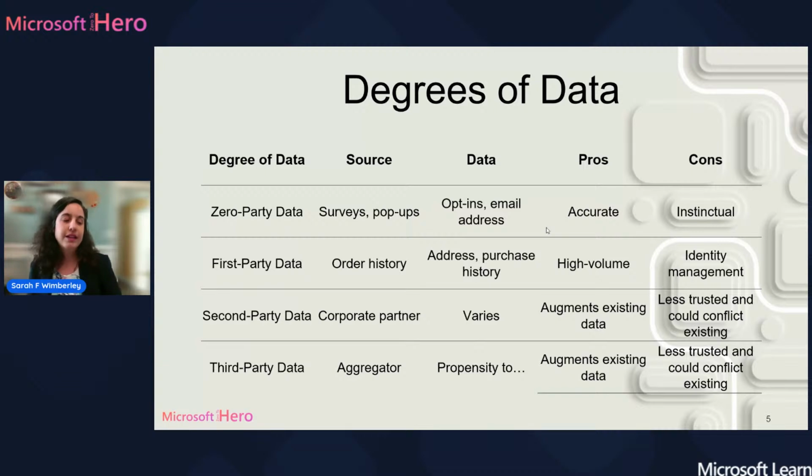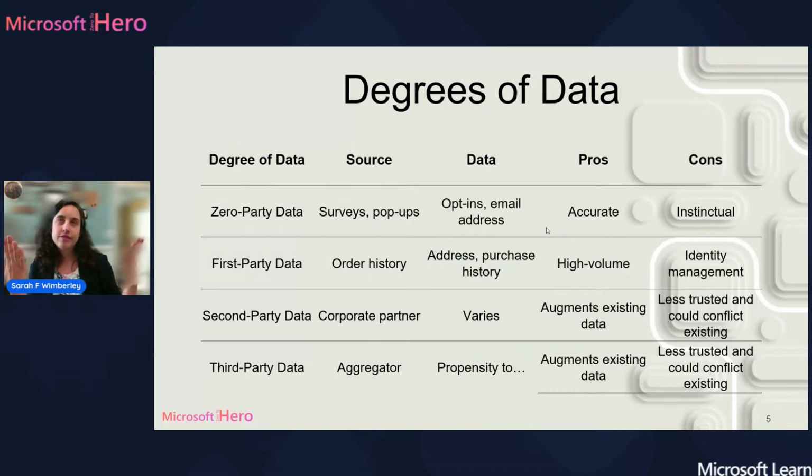Second-party data is the same type of data as the first-party data that we've already talked about, but is sourced from a corporate partner. Each corporate partner has their own first-party data, and they share it through perhaps a partnership or a relationship that they have with each other for cross-promotion or co-marketing or what have you.